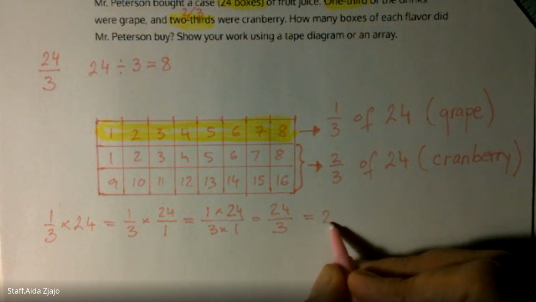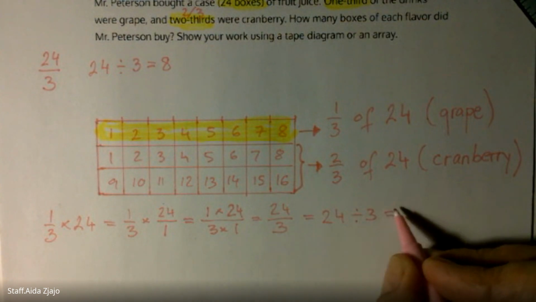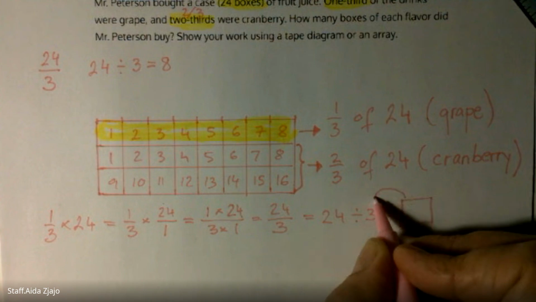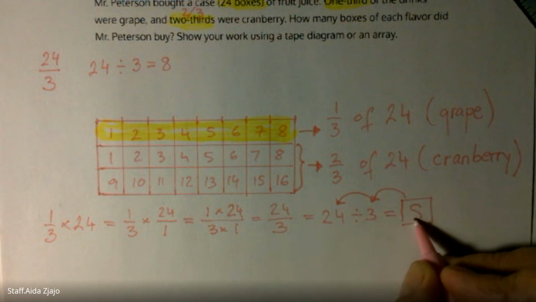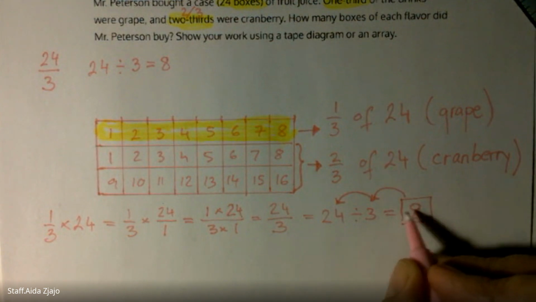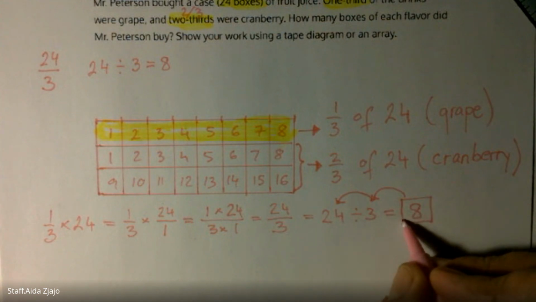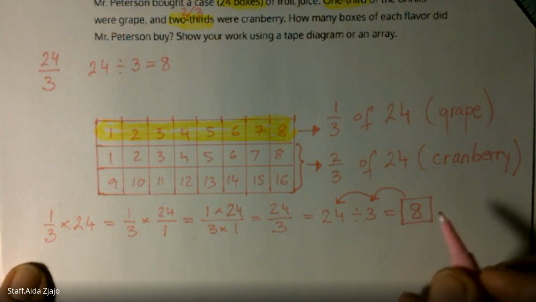So 24 divided by 3 equals what number times 3 is 24? It's 8. 3 times 8 equals 24. So 1/3 is 8 fruit boxes.